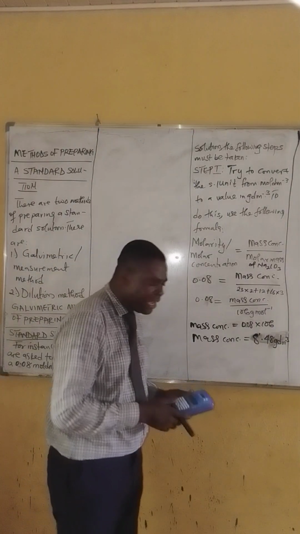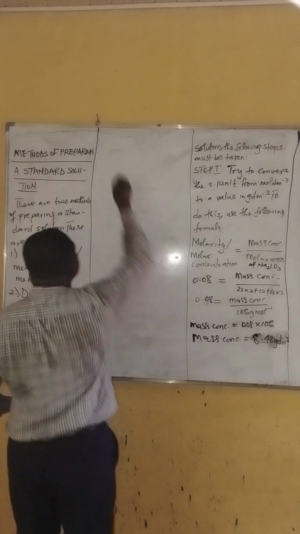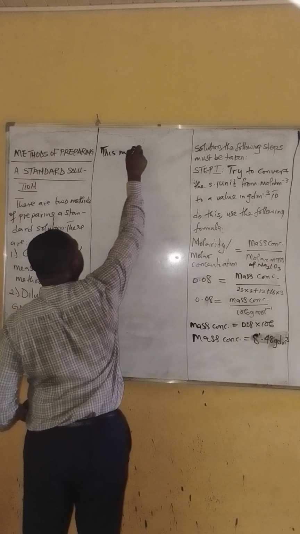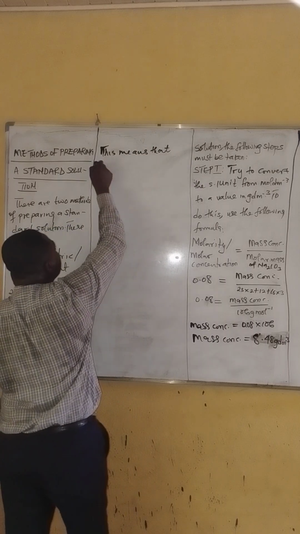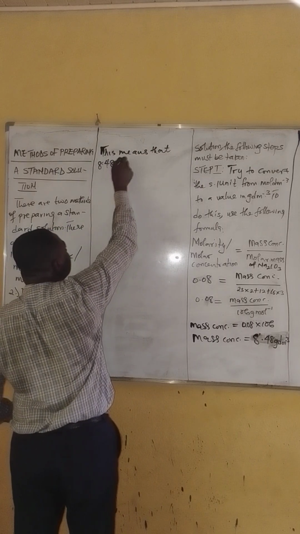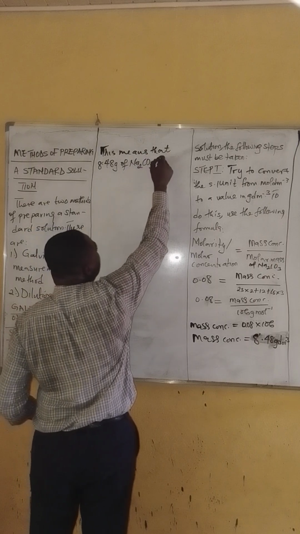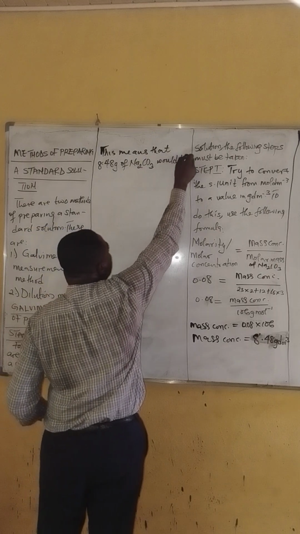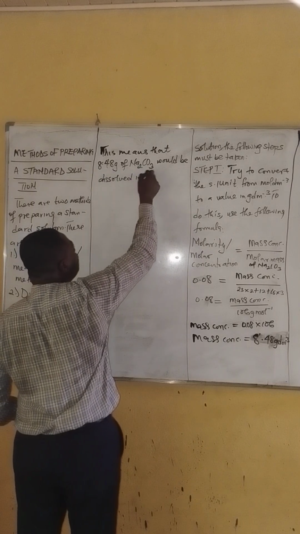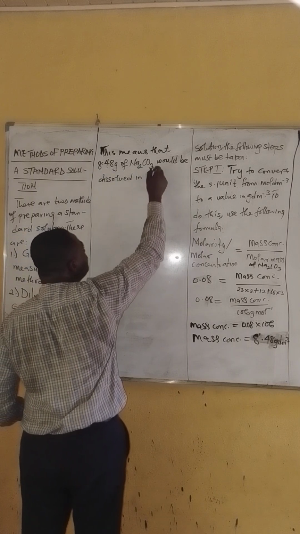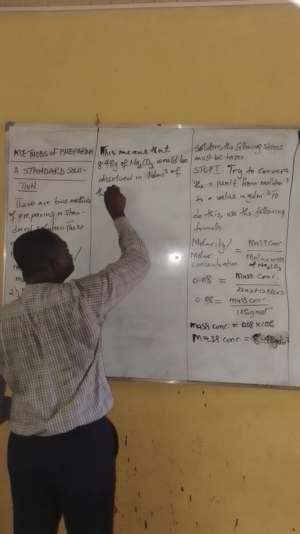What we are saying here, the interpretation of this, is that 8.48 gram of Na2CO3 would be dissolved in 1 dm³ of the solution.